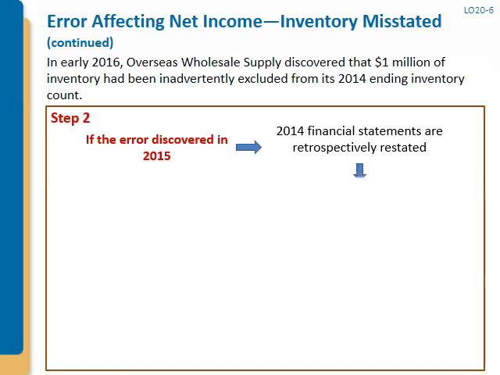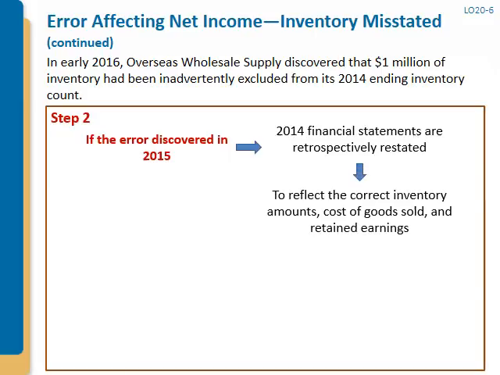If the error is discovered in 2015, the 2014 financial statements that were incorrect as a result of the error are retrospectively restated to correct the inventory amounts, cost of goods sold, and retained earnings when those statements are reported again for comparative purposes in the 2015 annual report.